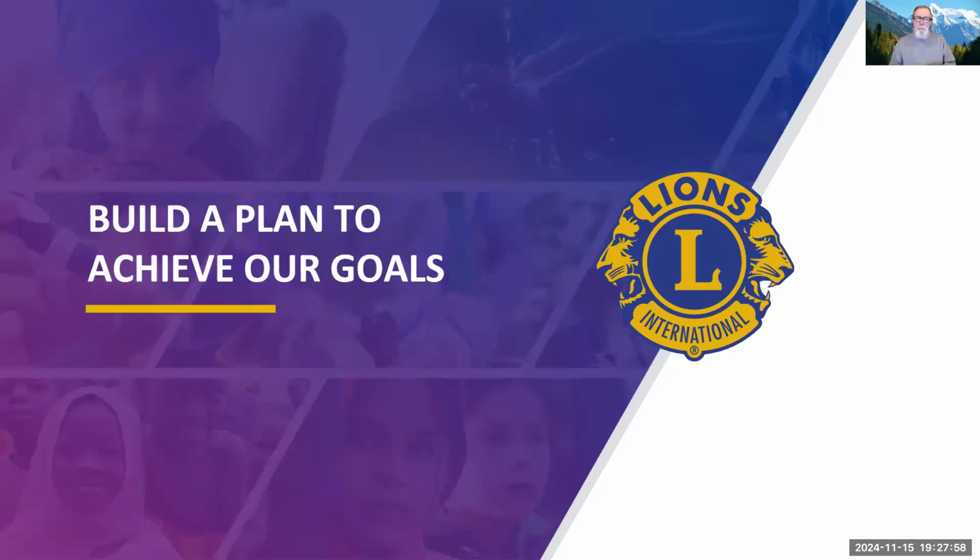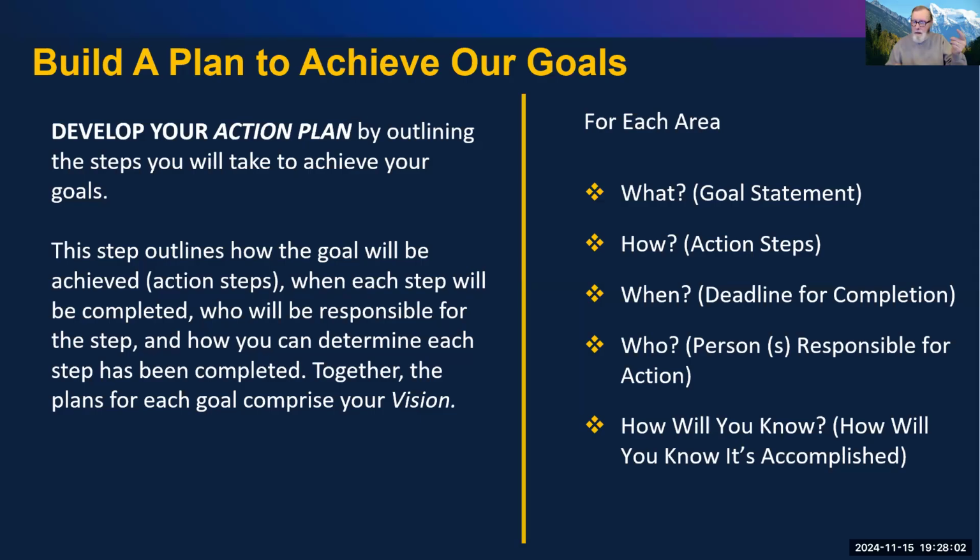So then we build a plan to achieve our goals utilizing these SMART elements. And when we develop the plans, we're going to be defining exactly what steps and how we're going to do it. And we do this by, again, defining what our goal is.